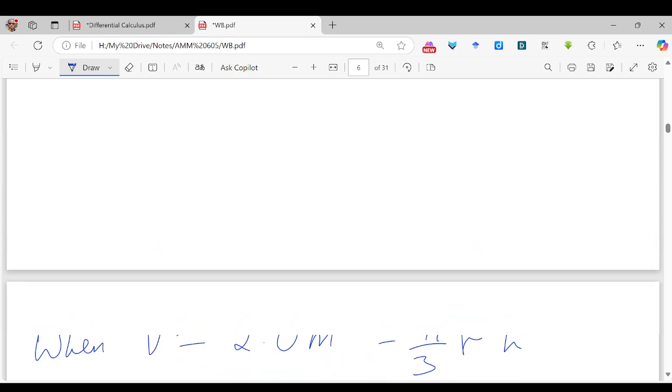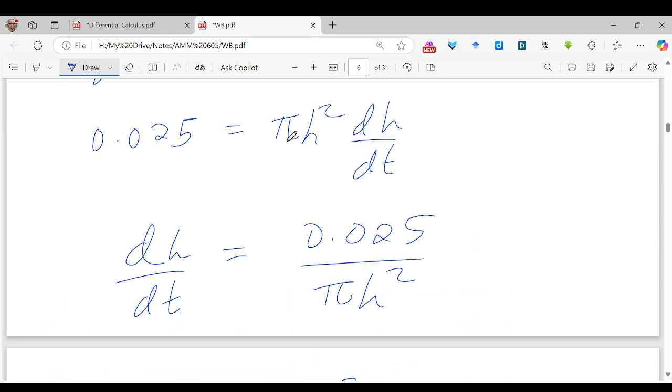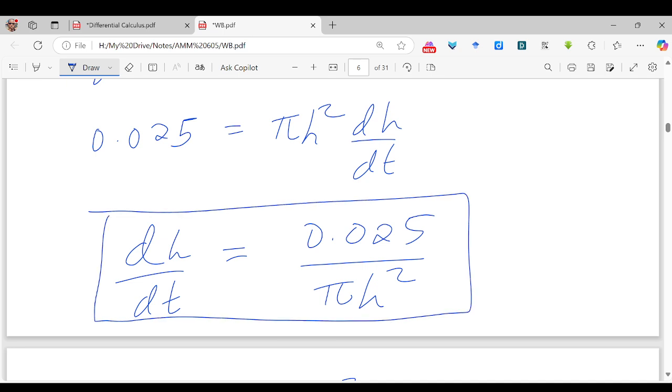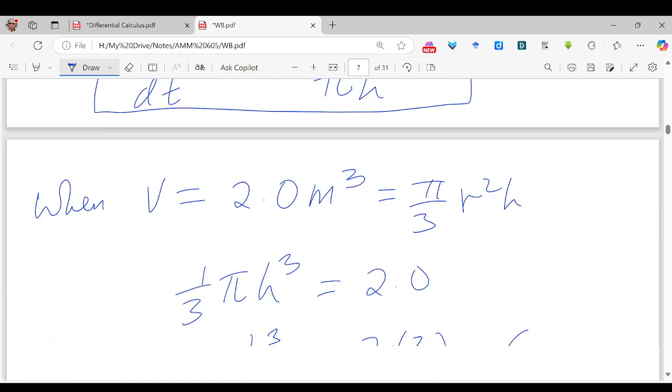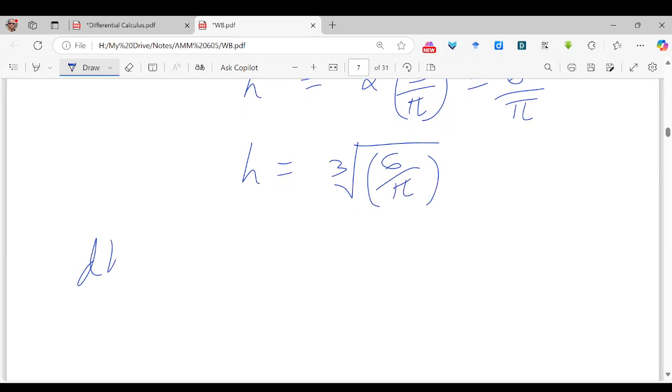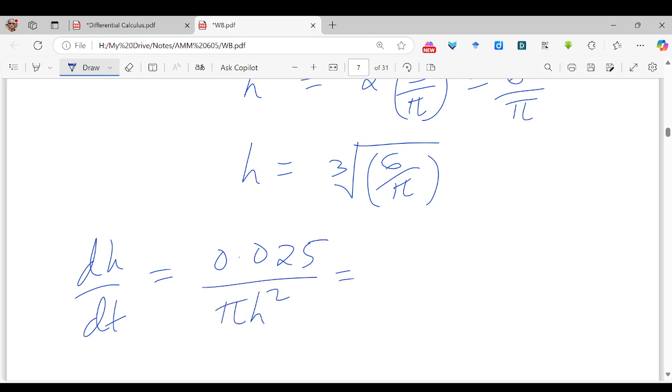Once we know the value of h, and we have our expression here, then we can write dh/dt, which is 0.025 divided by pi h squared, will now be equal to 0.025 divided by pi times the cube root of 6 divided by pi, raised to the power of 2.